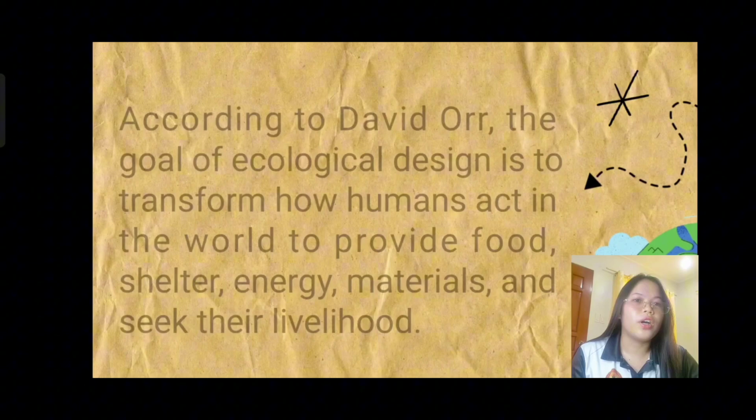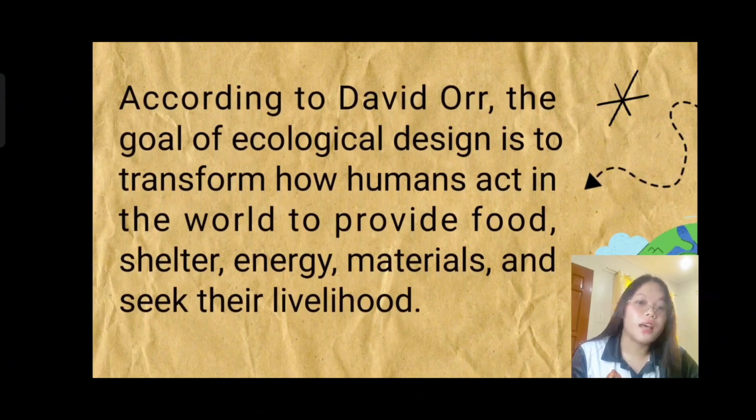And according to David Orr, the goal of ecological design is to transform how humans act in the world to provide food, shelter, energy, materials, and seek their livelihood. So, according to David Orr, ecological design aims to change how we as humans interact with the world.